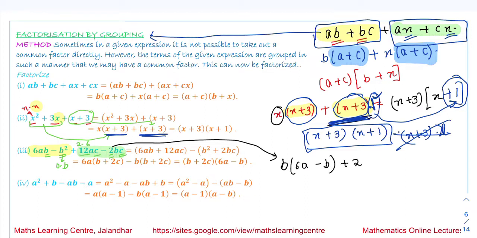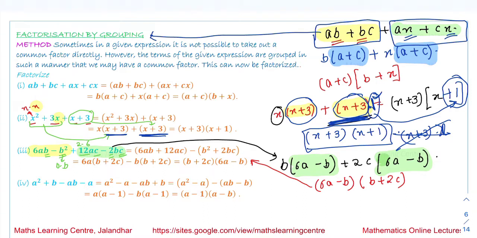From the next two terms, suppose I am taking 2 and c as common, so what I am left with is 6a minus b. So the second term is again common over here. The answer you will get is 6a minus b is now common, and the other factor is b plus 2c. This is the answer you are getting.